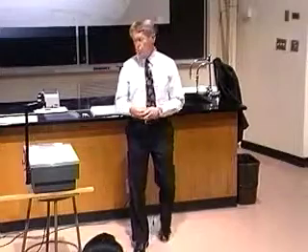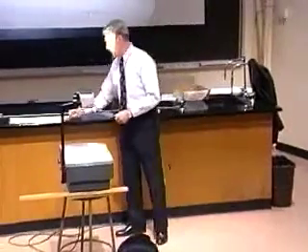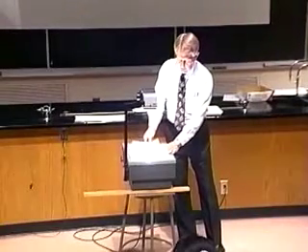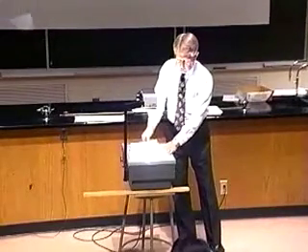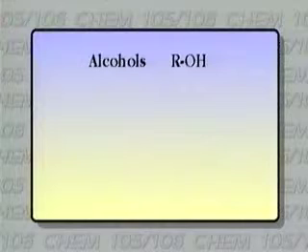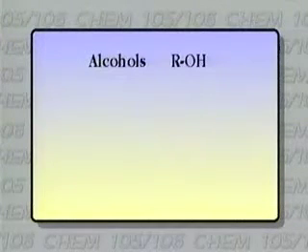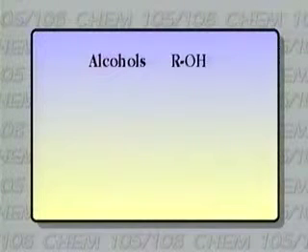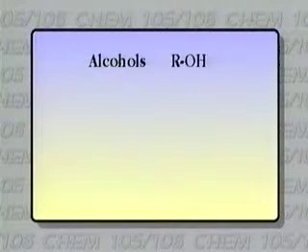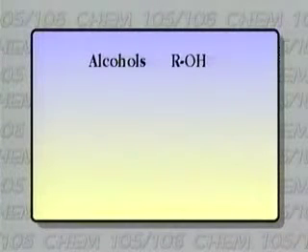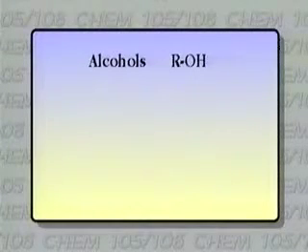The first group that we're going to look at, the first organic group, are referred to as the alcohols. And the alcohols have the general formula of R-OH, where the R stands for a hydrocarbon group.